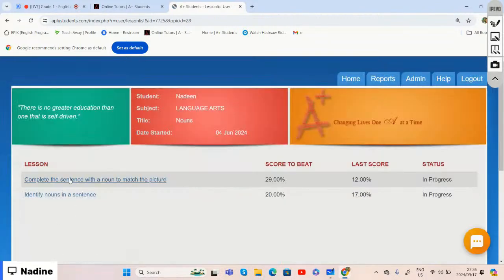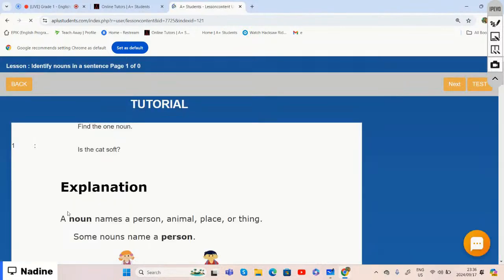All right, so now we're going to identify nouns within a sentence. We had to identify nouns and match the noun in the sentence with a picture. And now we're going to just identify nouns within a sentence, right?